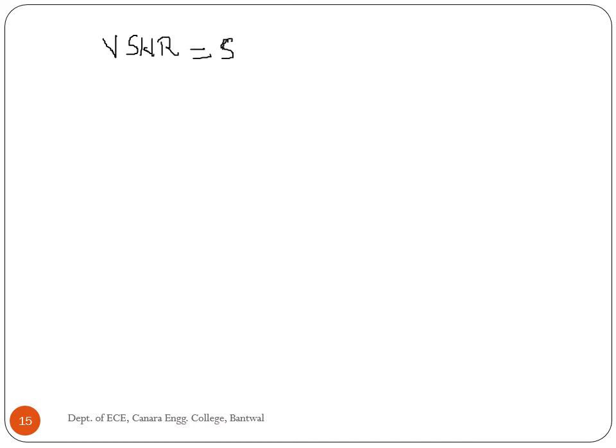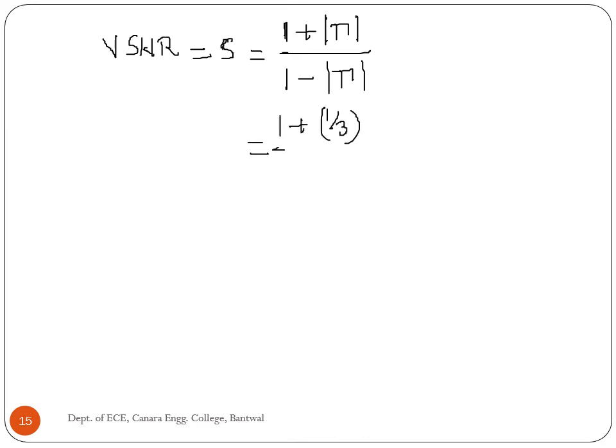Notation is rho or S, which is equal to 1 plus magnitude of reflection coefficient divided by 1 minus magnitude of reflection coefficient, which is equal to 1 plus 1 by 3 divided by 1 minus 1 by 3. Therefore, VSWR or rho is equal to 2.